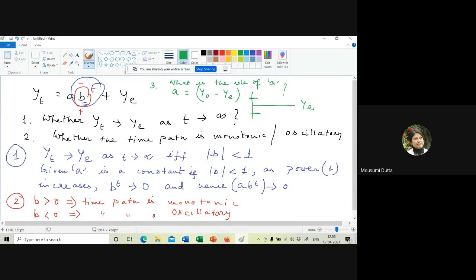Because if it is a monotonic path, continuously I'll come towards YE. If it is divergent monotonic, I'll continuously move away from equilibrium. That's true. However, I have to start from a certain position. So Y naught minus YE, or the value of A, will determine from which point I'll start. So it is giving us this kind of starting point.